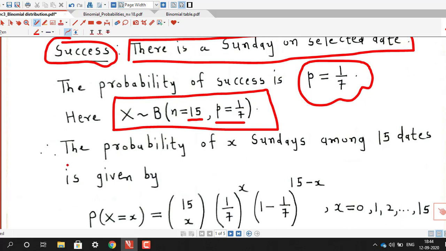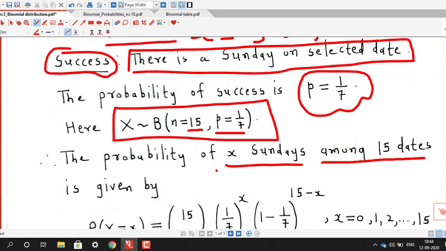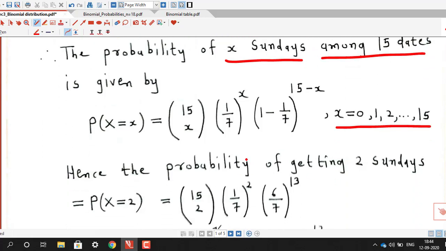Therefore, the probability of x Sundays, or x successes, among 15 dates is given by this probability mass function: 15Cx (1/7)^x (1 minus 1/7)^(15 minus x), and x can take the values 0, 1, 2 up to 15. We are interested in the probability of getting 2 Sundays.